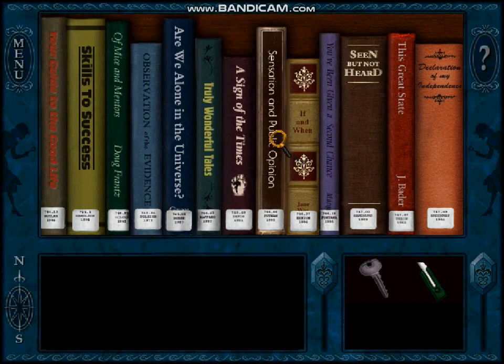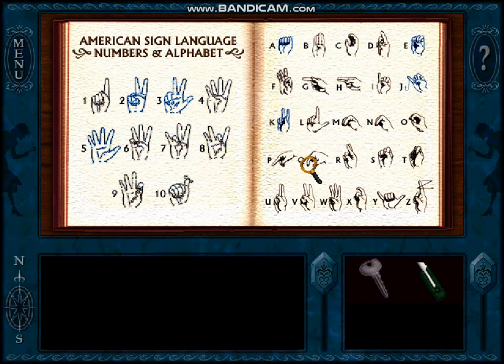Let's see. We're looking for this one right here. These are sign language. And the ones that were in blue, it's supposed to say something. So, let's see. 5, 5, 5. Those are like numbers. And these are just like alphabets.